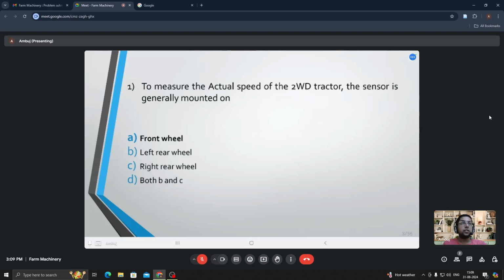But in the case of the front wheels, slippage is not happening, so the speed of the front wheel will be the actual speed of the entire vehicle. In the case of the rear wheel, the speed will be somewhat deviated from the actual speed of the vehicle. That is why we mount the proximity sensor on the front wheel in the case of a two-wheel drive tractor.